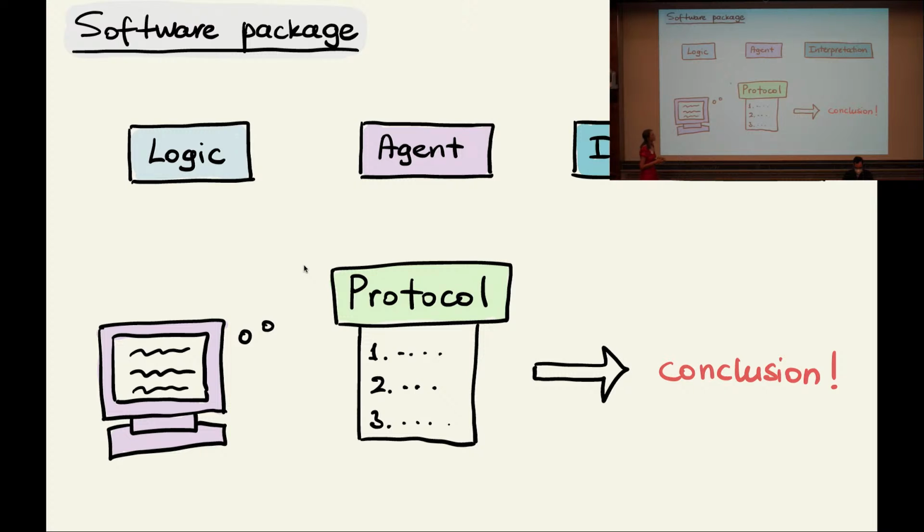And finally, the interpretation. Here you can try to formalize different interpretations of quantum theory, and also, in particular, how the predictions of the agents are made.